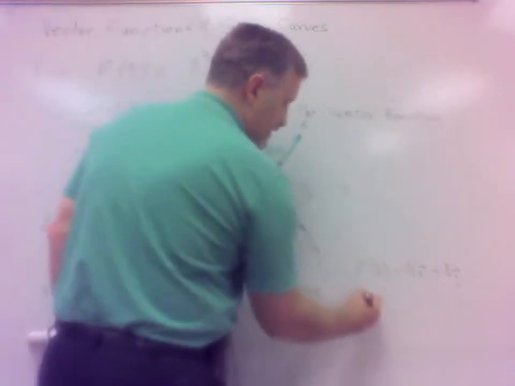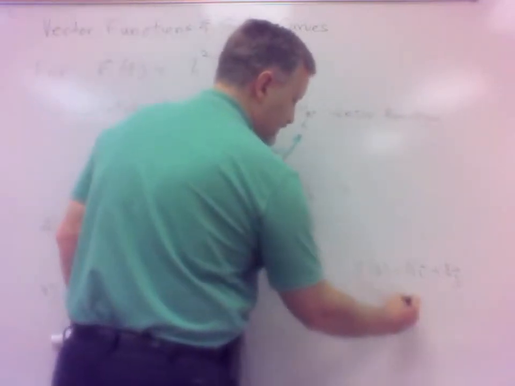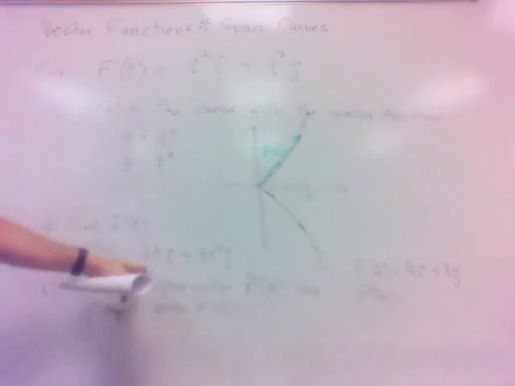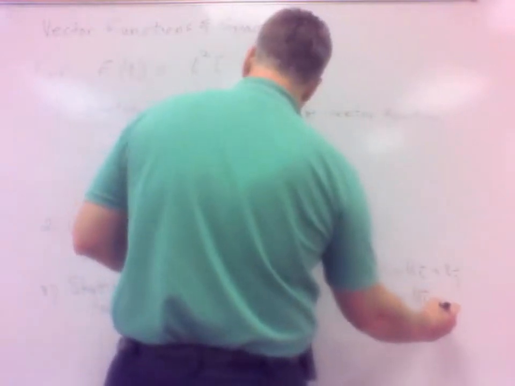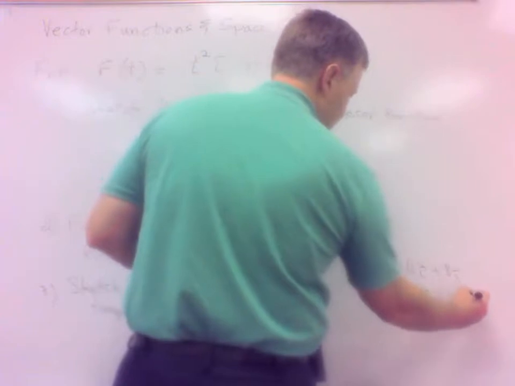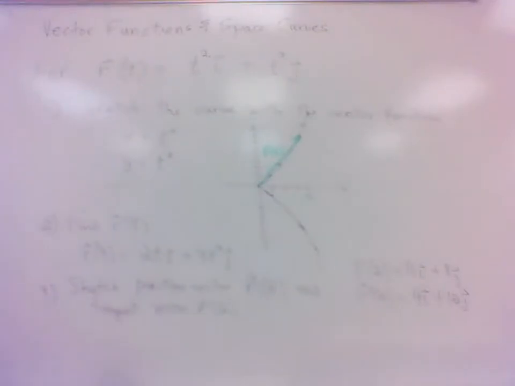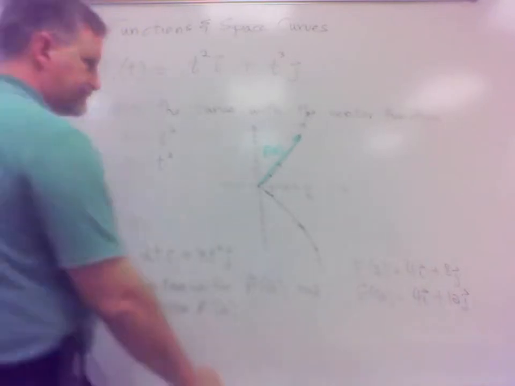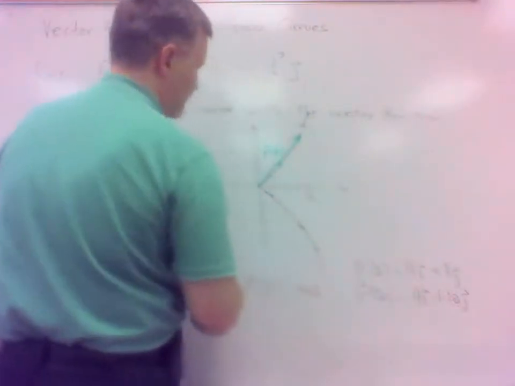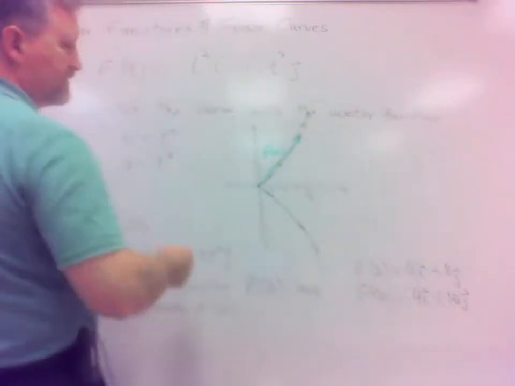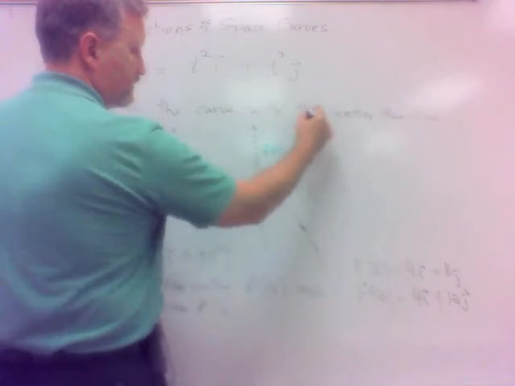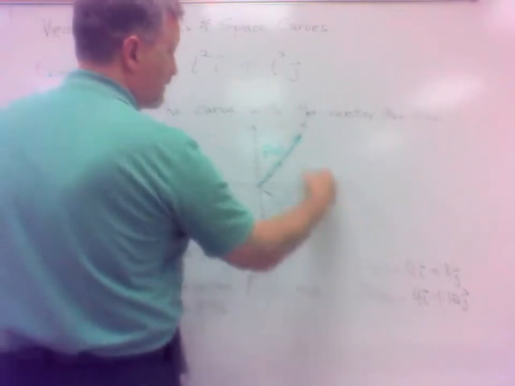And then r prime at 2. Well, you plug in 2 there, you get 4i plus 12j. We could put it here, we could put it here, either one. Probably makes more sense here.